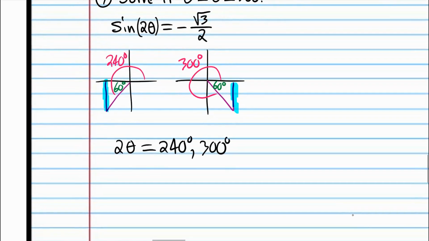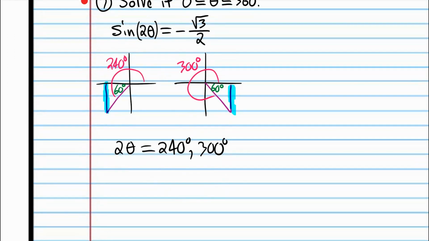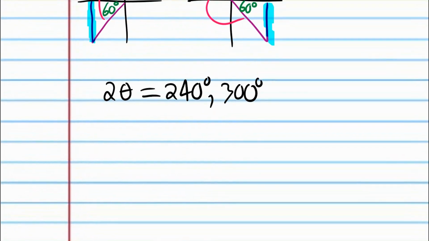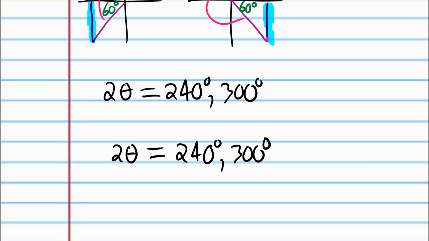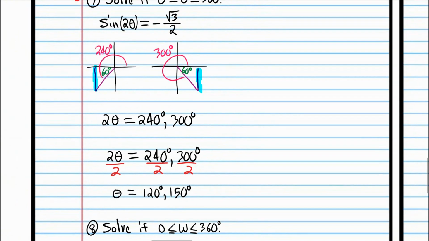Now it's not really mathematically correct to write a list of numbers in an equation, but we're just doing this because it's the easiest way to show where we're going with this. So again, these are the numbers that you plug into the sine function to get this ratio. But we're not looking for those numbers. We're looking for the number that you multiply by 2 to get those numbers. So we're going to divide both sides of this equation by 2, and maybe I'll show that. So we're going to divide everything by 2, and so we get theta is equal to 120 degrees and 150 degrees. So there you go.